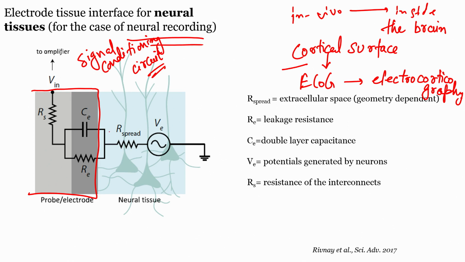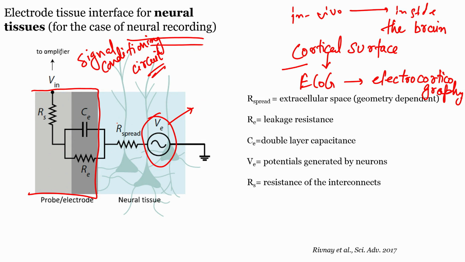So let us see each element individually. Let us begin with the neural tissue. As I had mentioned, each neuron generates some potential which is called action potential, and collective firing of neurons generates local field potentials. So this can be considered as potentials generated by neurons. This is the neuronal potential.